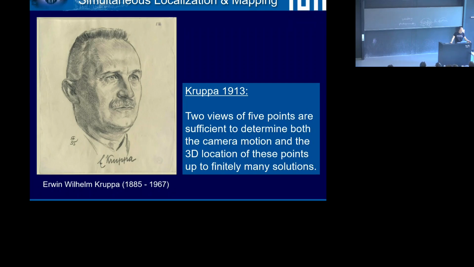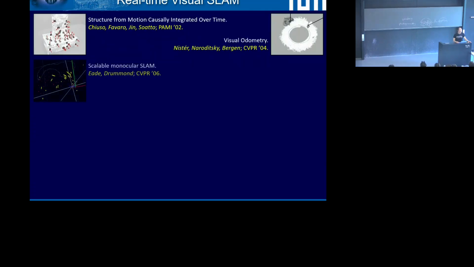And he showed that if you observe 5 points in 2 images, that is sufficient to recover the relative camera motion and the 3D location of these points. Quite a breakthrough result from a mathematical perspective. And in the 60s, 70s, 80s, the computer vision community built up on these ancient results to actually reproduce this in a computer.